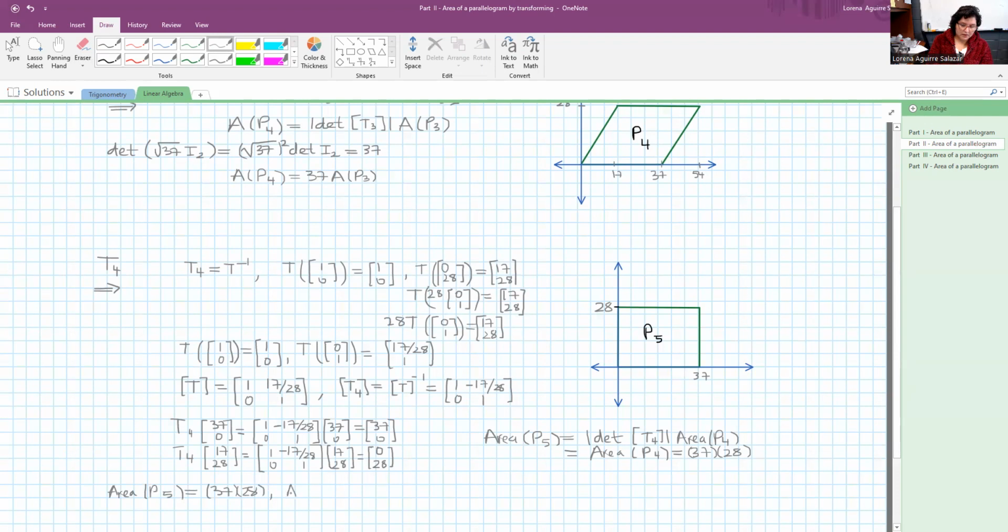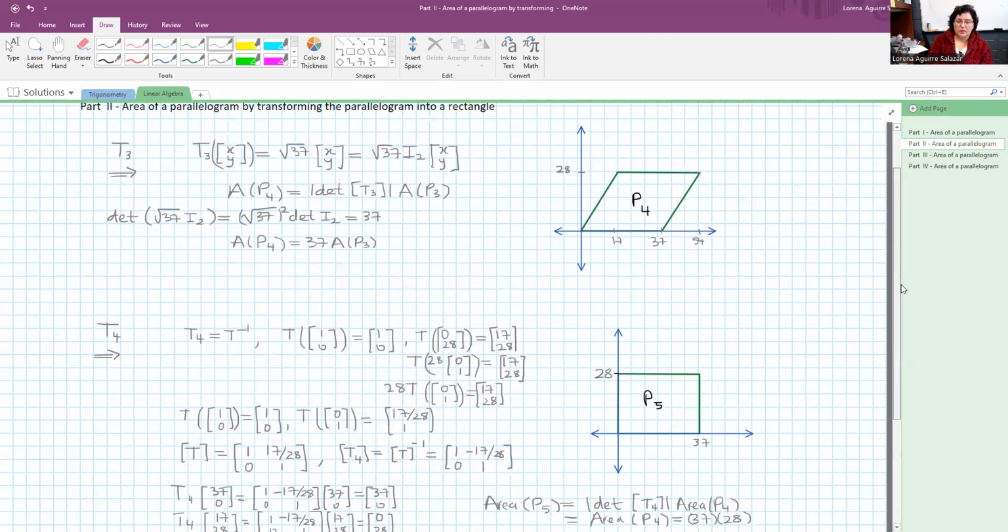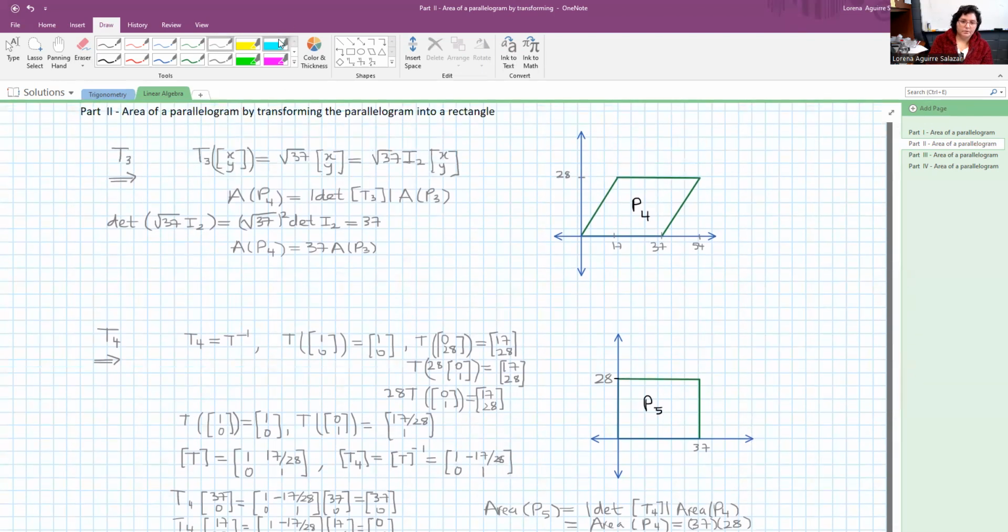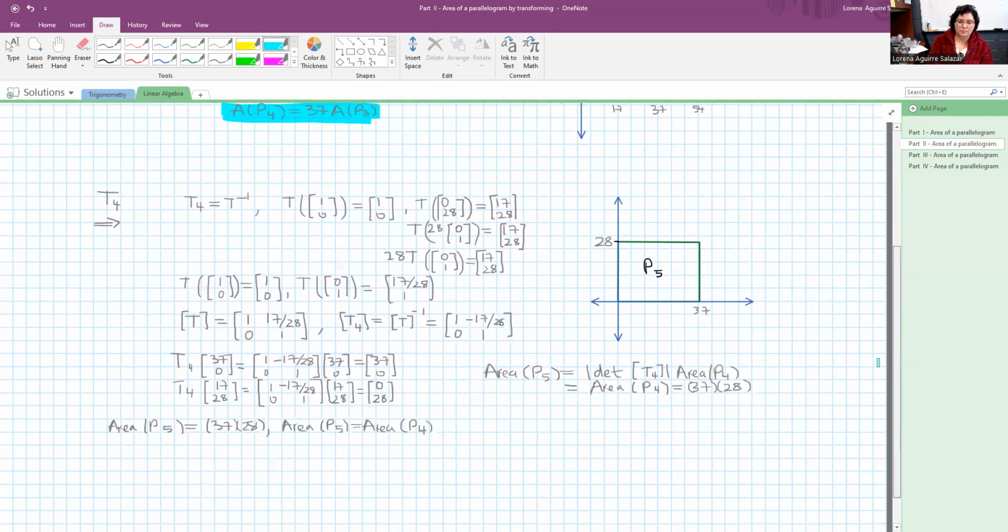And at the same time, the area of P5 is the same as the area of P4. Now the area of P4 is the same as 37 times the area of P3.